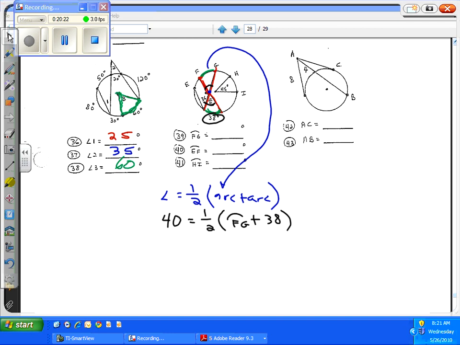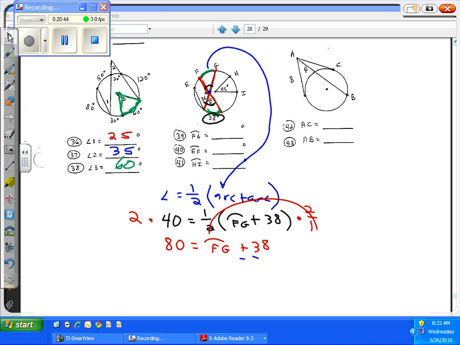Now we're going to have to algebraically solve for the 40. Let's go ahead and distribute. You could multiply by 2 to both sides. Let's just do that. Because we learned if we don't like fractions, we just multiply by the reciprocal and get rid of it. And so we're going to have 80 is equal to arc FG plus 38.